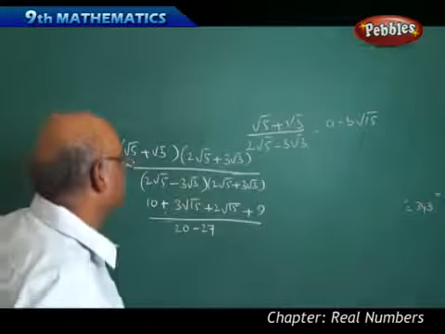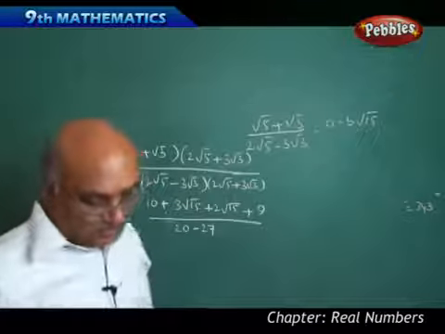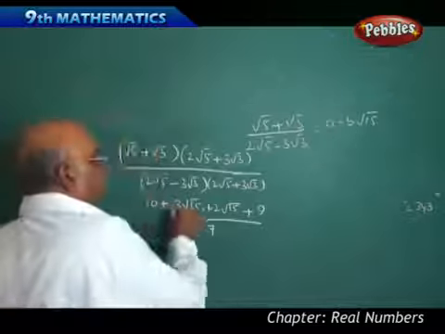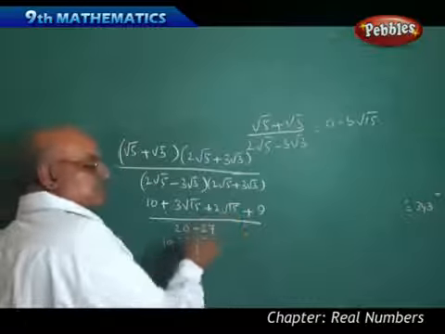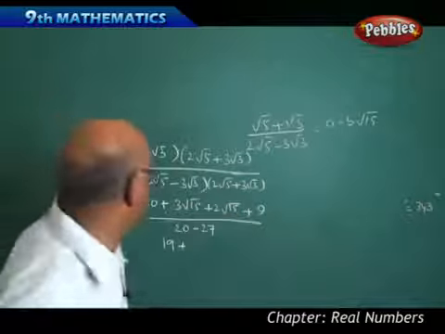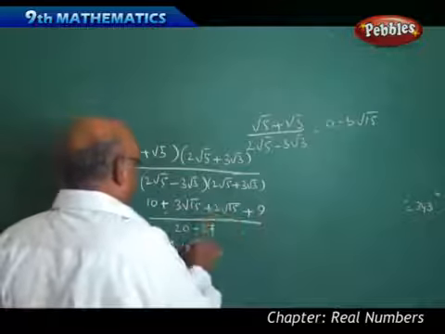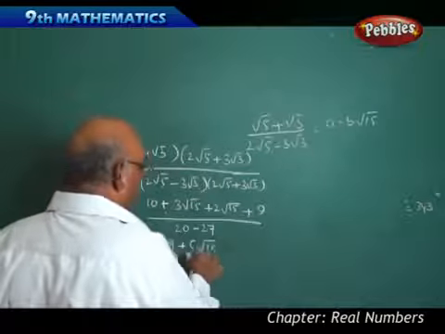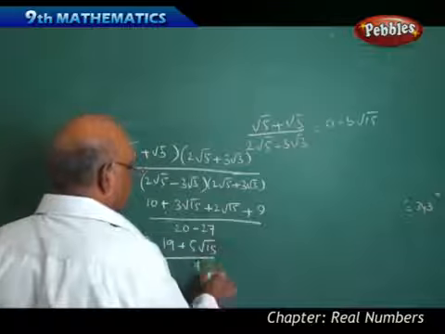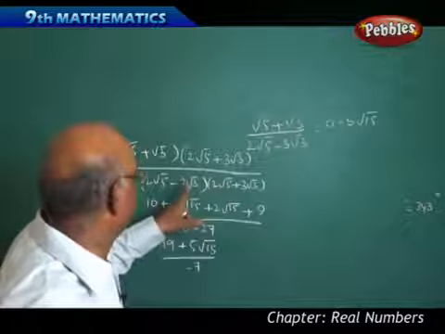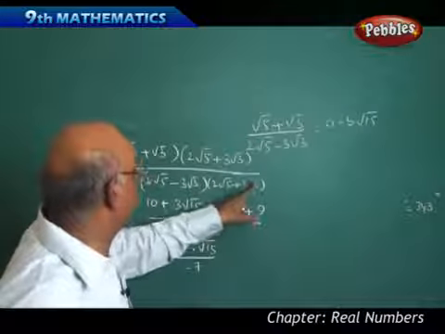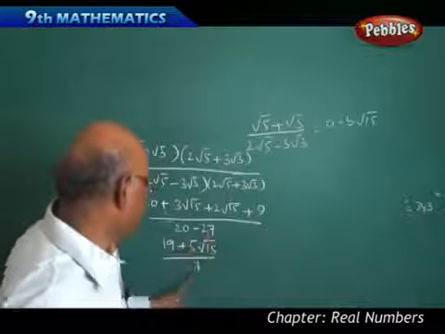Therefore, here we are going to get like this. Here we can write 10 plus 9, 19, plus, because like surds can be added, therefore 2 plus 3, 5 root 15, divided by minus 7, because 2 twos are 4, 4 fives are 20, 3 threes are 9, 9 threes are 27, I am getting it, therefore minus 7.